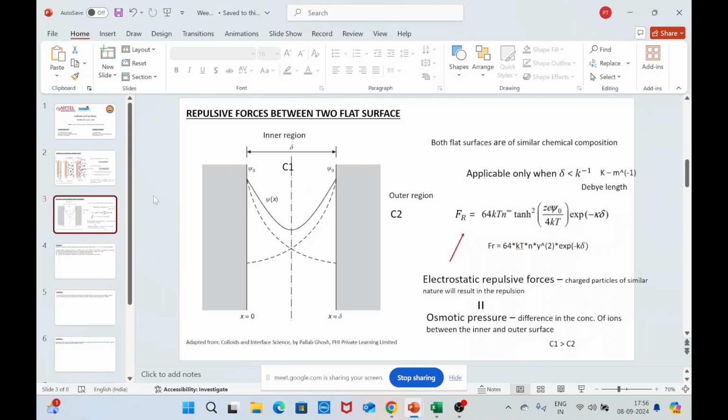Here on both sides you have sigma naught, and at x equal to delta by 2 is called psi of delta by 2, and that is what governs the interaction or the potential between the two flat surfaces. So that minima is the potential that governs the repulsion between the two flat surfaces.